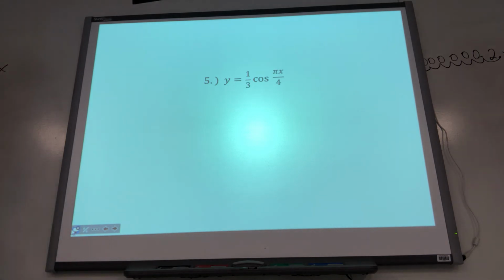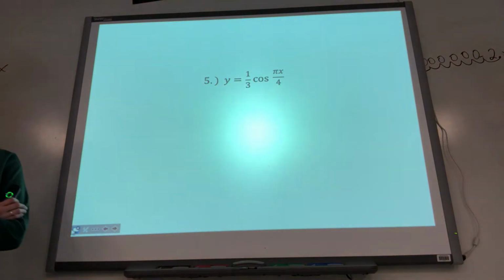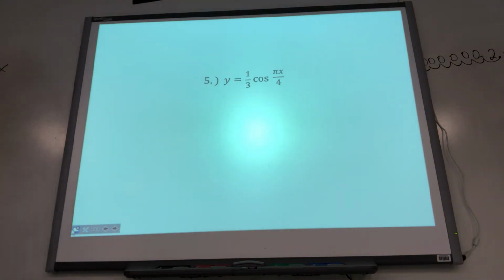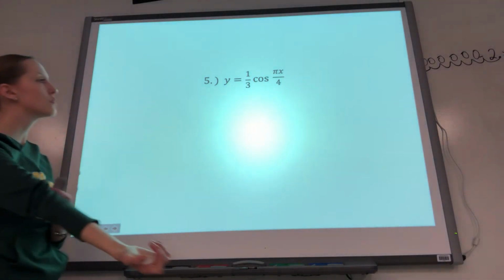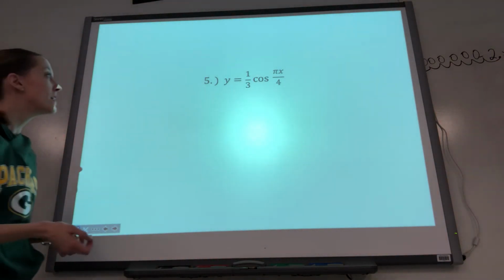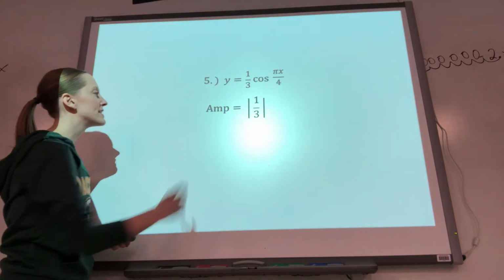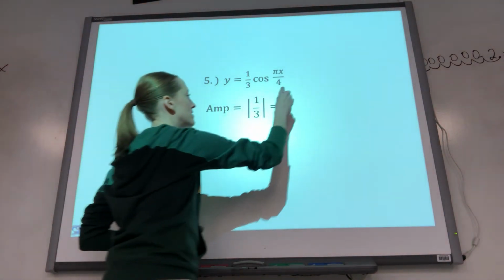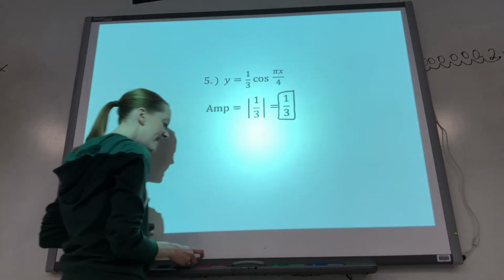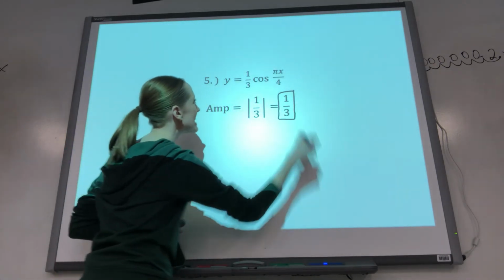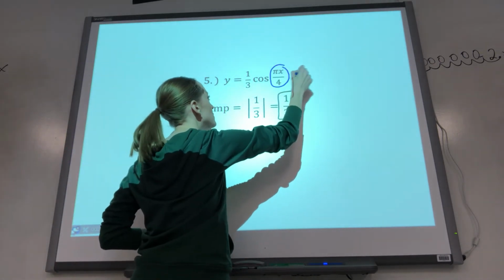y equals 1/3 cosine of pi x over 4. What would the amplitude be? 1/3. You can take the absolute value of 1/3, but it's just 1/3. And then here again, I don't really like how this part is written.